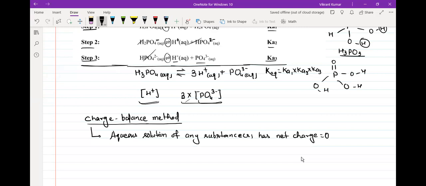Even if I put NaCl inside it or HCl inside it, the same number of cationic and anionic charges will appear. That's why the net charge will still be zero, right? This means, if I am talking about per unit volume, the concentration of positive charge will always be equal to the magnitude of the concentration of negative charge.